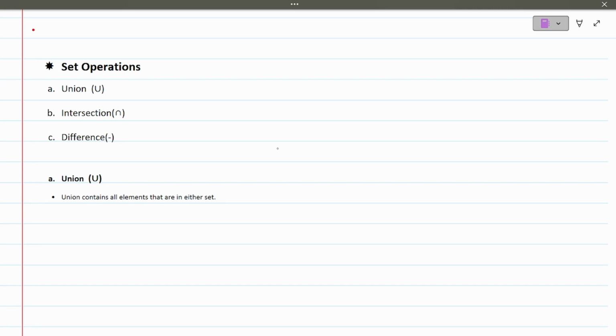Before giving you an example, I'll draw the Venn diagram so that you can understand it more clearly. Let me take two sets, set 1 and set 2. The union of these two sets will contain all the elements which are in either set.